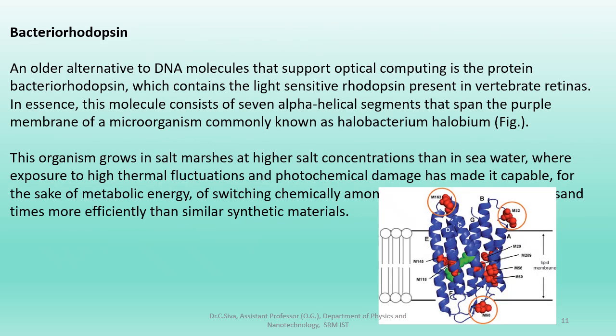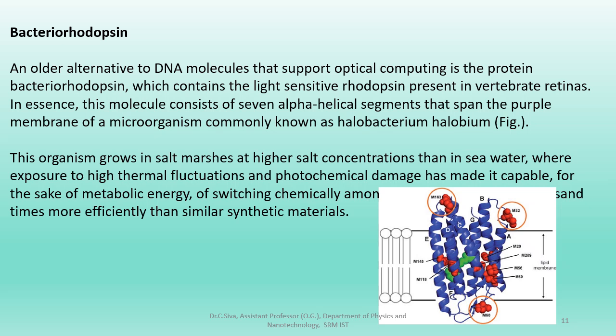Bacteriorhodopsin. This slide introduces bacteriorhodopsin, an older alternative to DNA for molecular and optical computing. Bacteriorhodopsin is a protein that contains retinal, which is also found in the human eye.